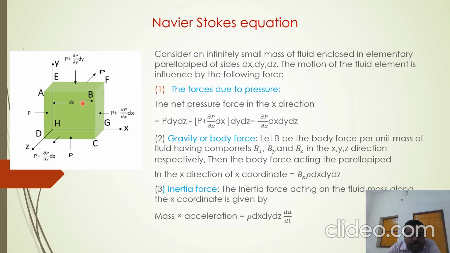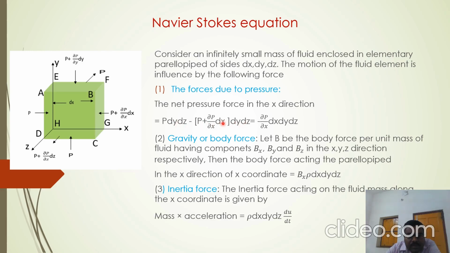Now the pressure at the plane AEHD is P. The pressure force is P times dy dz, and at the plane BFGC the pressure force is P plus ∂P/∂x times dx, multiplied by the area dy dz, which is equal to (P plus ∂P/∂x dx) dy dz.